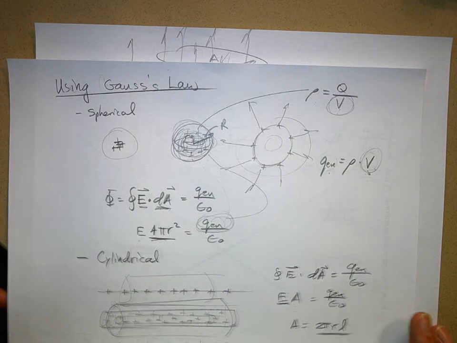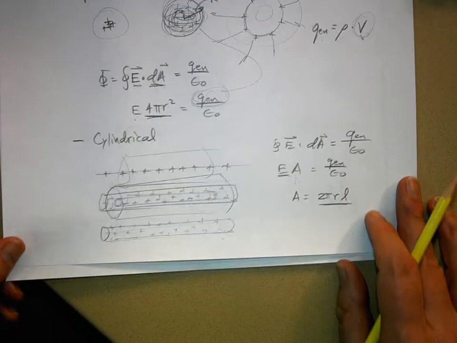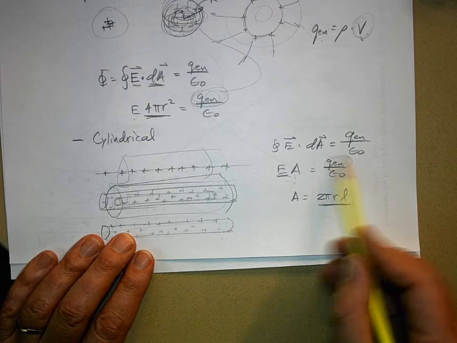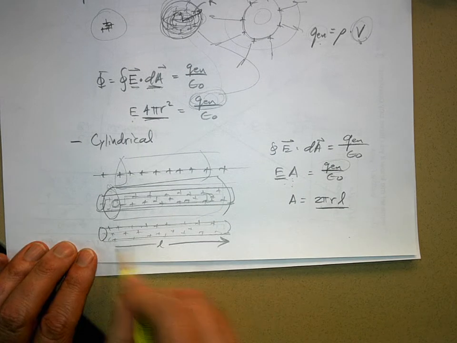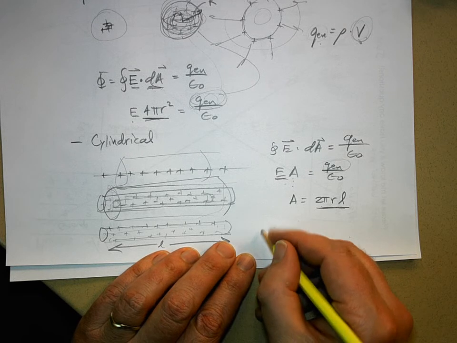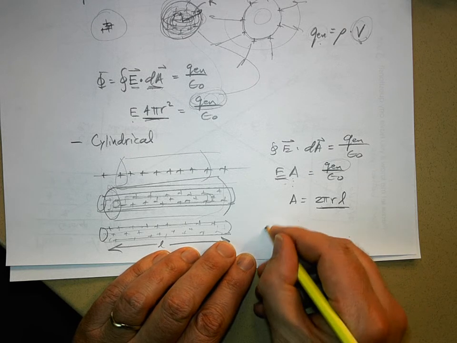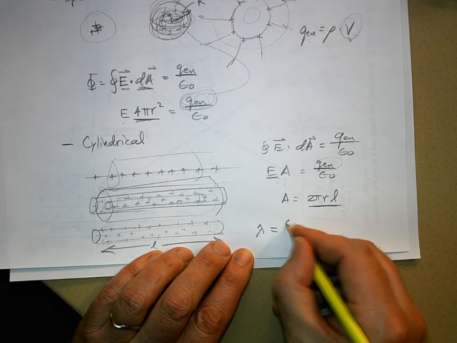Same thing is true here. Here we usually use a length to figure out how much we have. So we'll say, well, the charge density, which we'll call lambda, is the total charge divided by the total length. We'll call it total length, capital L, or whatever.